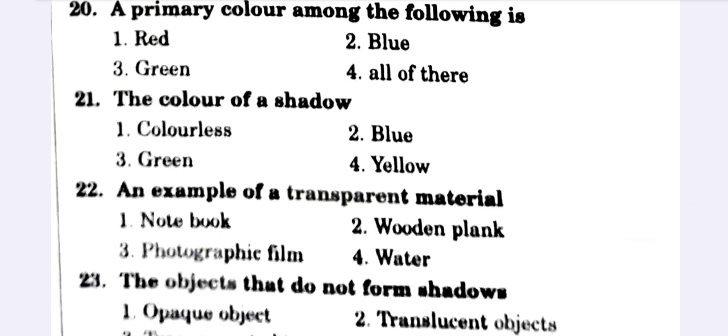So the color of a shadow is usually black. We could see a black color once, and there is no correct option in the question, so that we can go with colorless. Okay, shadow may not be blue color, shadow may not be green color, shadow will not be in yellow color also, so contextually we can take it as colorless.